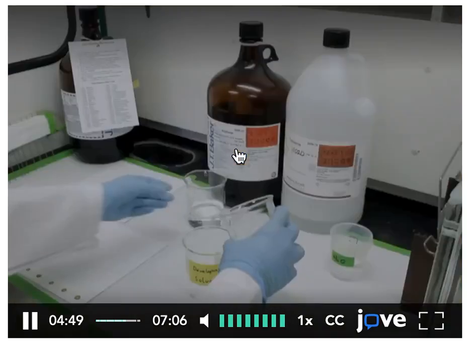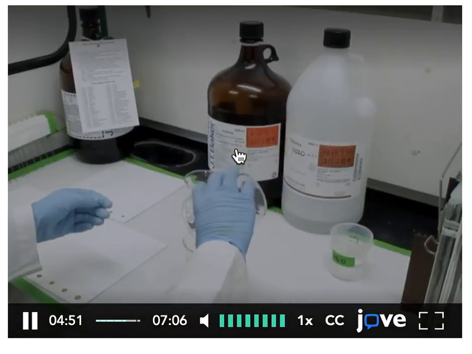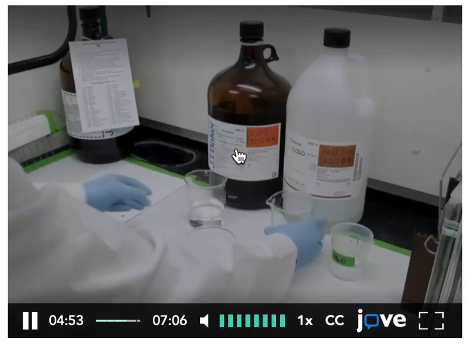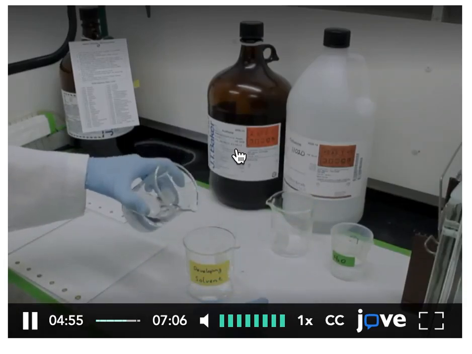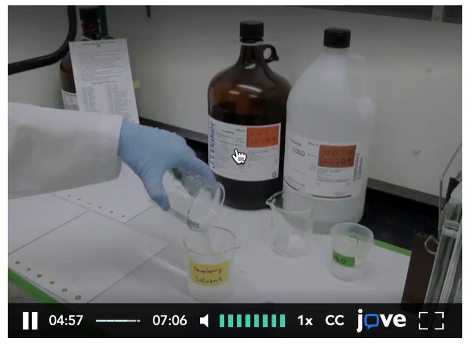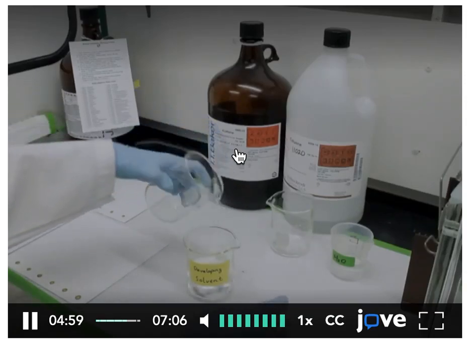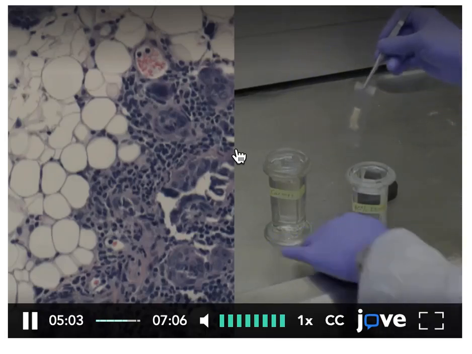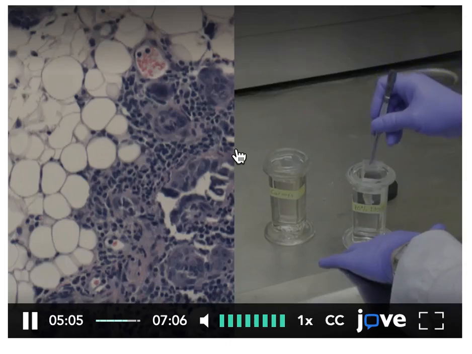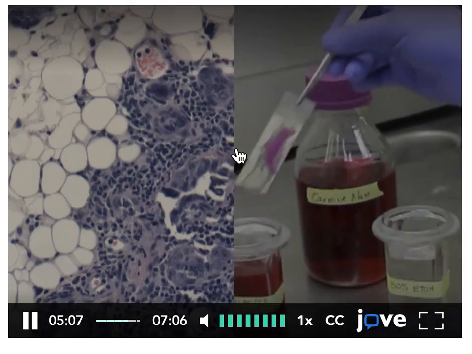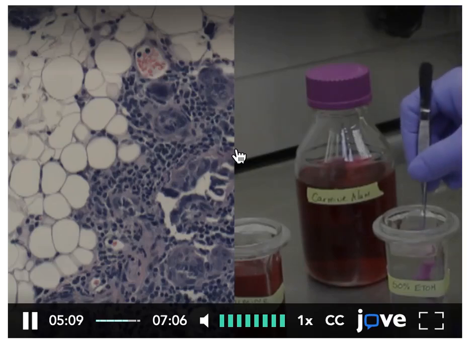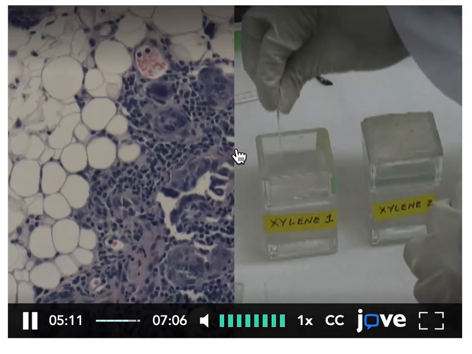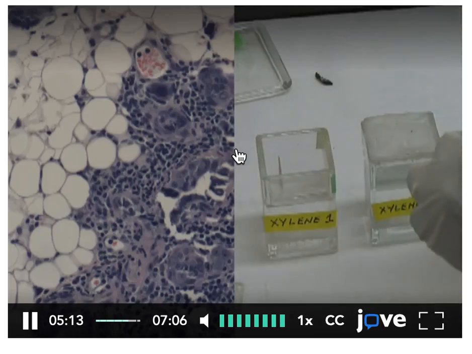Fume hoods protect the user, but not the experimental environment, so biological samples are not protected in these units and sterility is not maintained. In biomedical research labs, a fume hood should be used for fixation as well as tissue processing and histology techniques. These procedures typically involve toxic as well as corrosive chemicals.